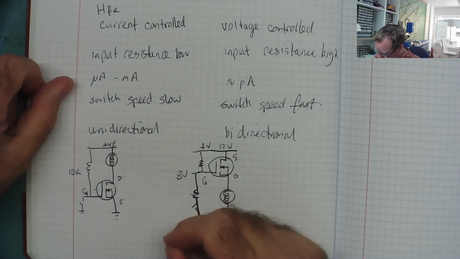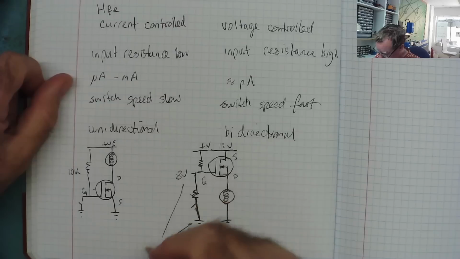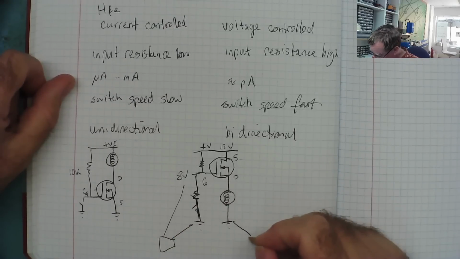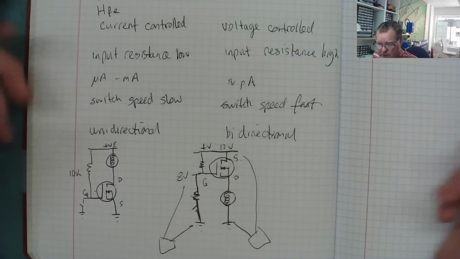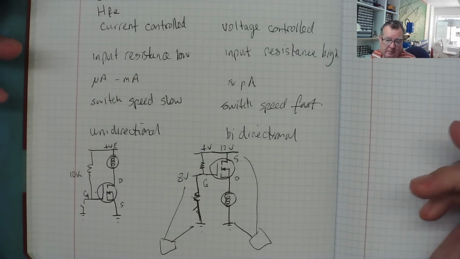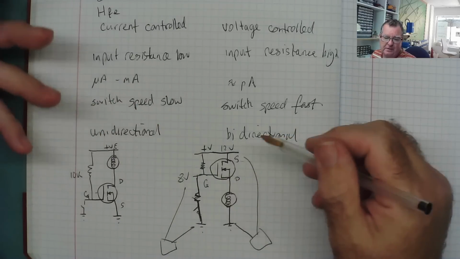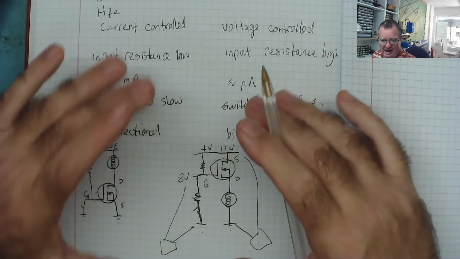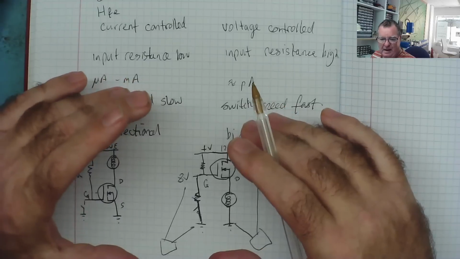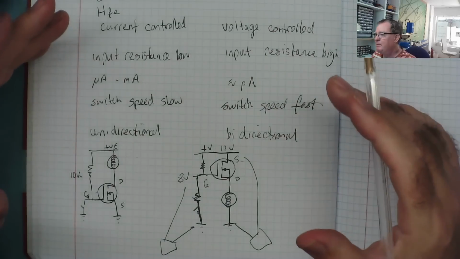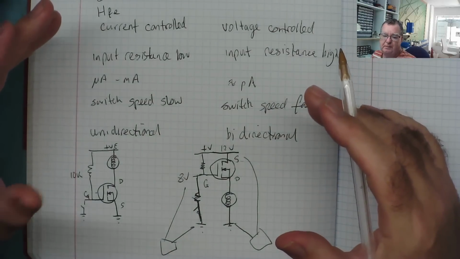If we put our multimeter between here and here, we'll see 8. If we put our multimeter between here and here, we'll see 12. Yeah, positive voltages, but the gate is lower than the source. Once you get your head around that, you'll find that PNP transistors and P-channel MOSFETs become quite simple to visualize how they're working.